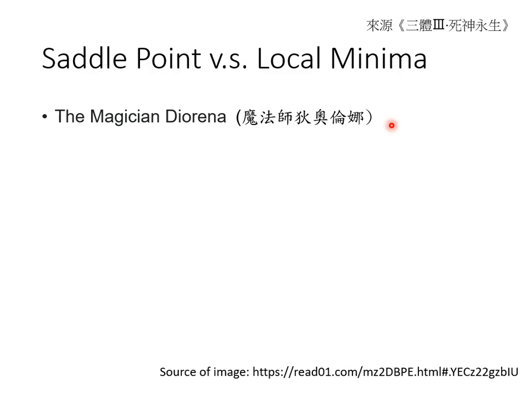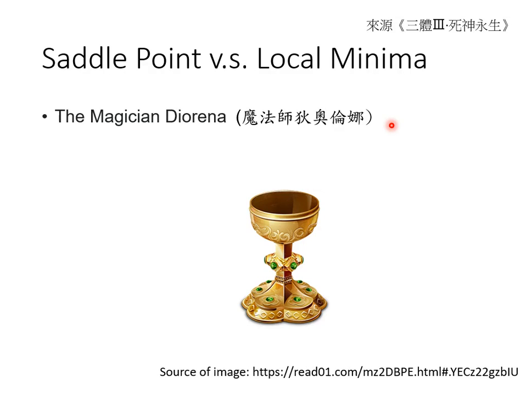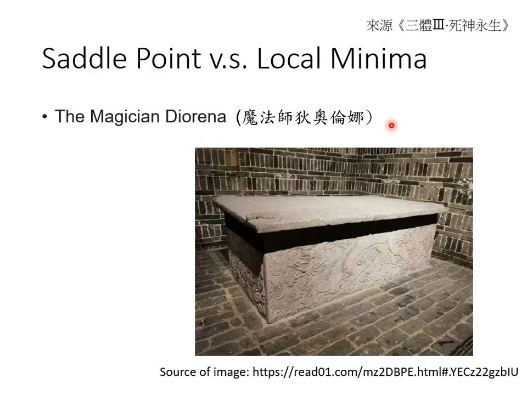At that time she took out a holy grail, which baffled everyone. Why were they so surprised after having seen the holy grail? Because this holy grail was originally placed in the basement of Hagia Sophia. And it was placed in a sarcophagus. This sarcophagus was sealed. No one can open it.